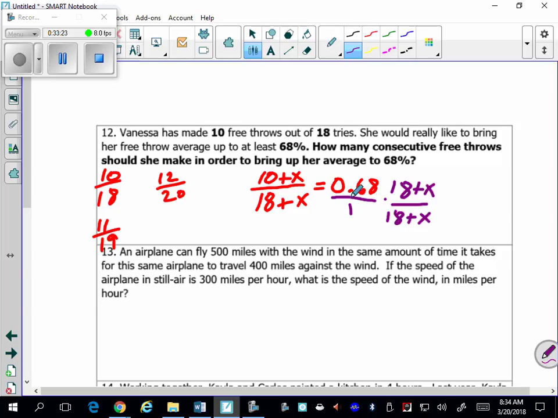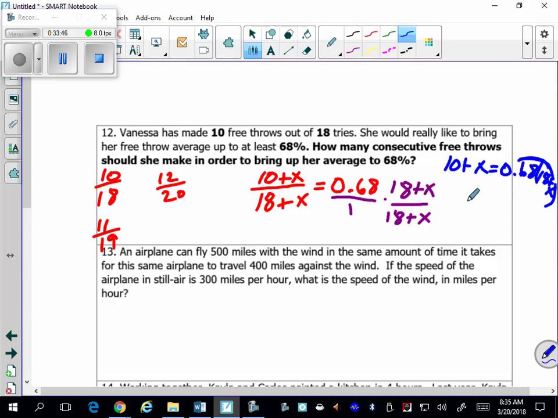I'll run out of room here. And solving this, you distribute the 0.68, put the x's on one side, and subtract the 10 on the other side. Eventually you're going to get x equals 7. If you have more questions, please ask me, but that's going to be x equals 7.